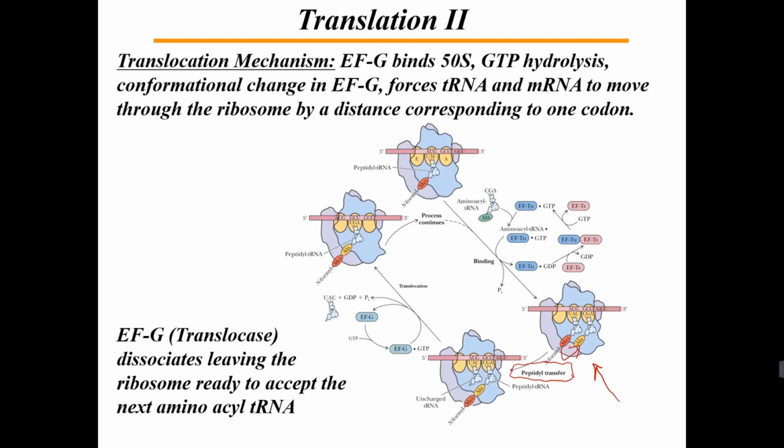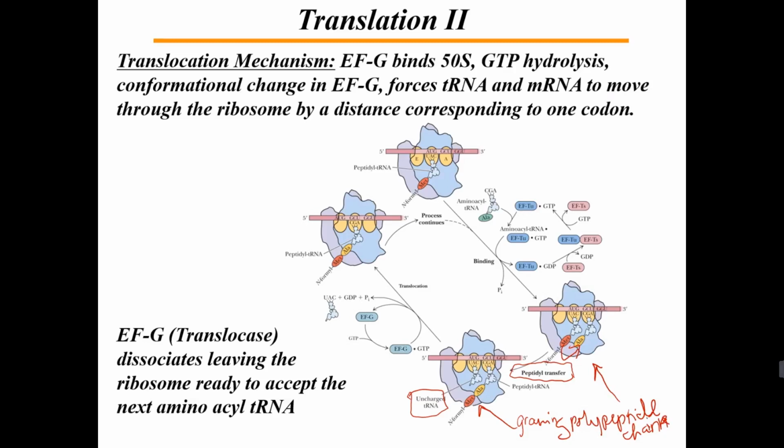And now we have an uncharged tRNA in the P site and our growing polypeptide chain, which then starts to exit the tunnel or the channel in the ribosome.